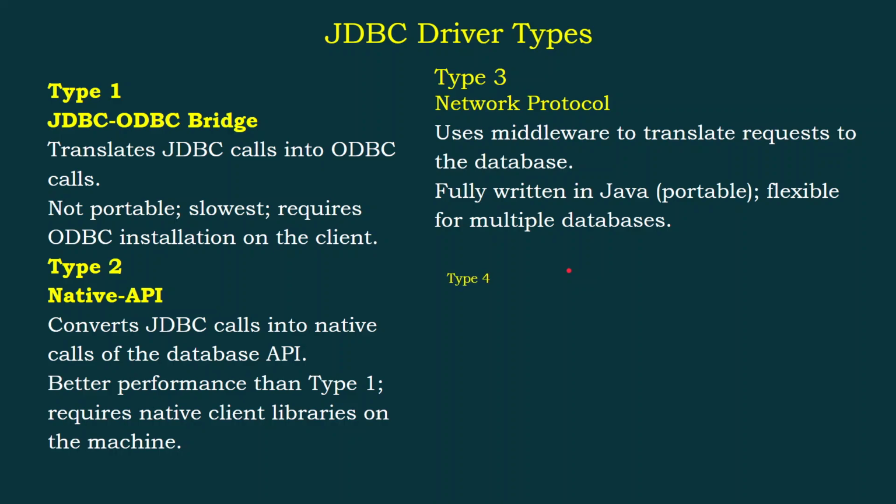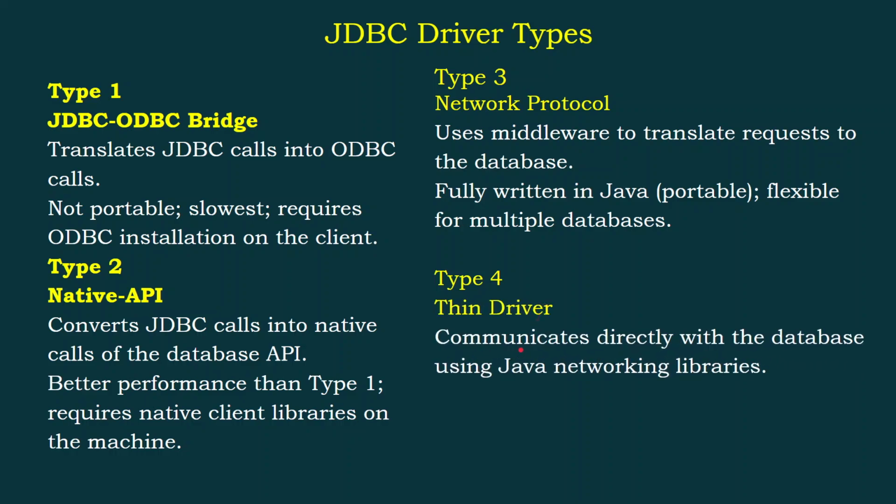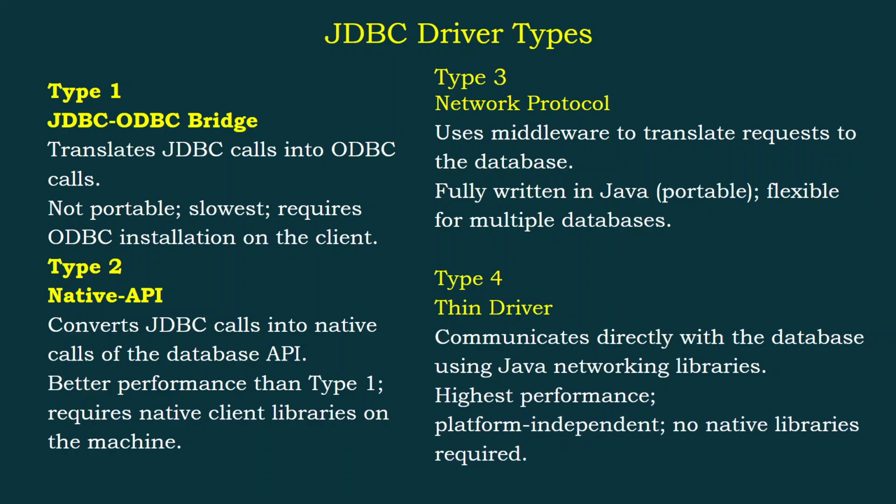Type 4 is the next advanced type, which is a thin driver. Here it communicates directly with the database using the Java networking libraries. Java has a special type of libraries for networking. With those networking libraries, this thin driver, the library from the client, can connect with the server databases.